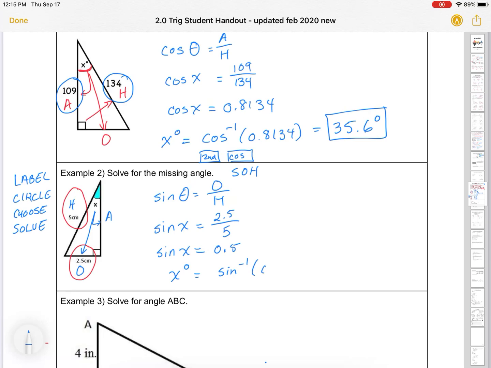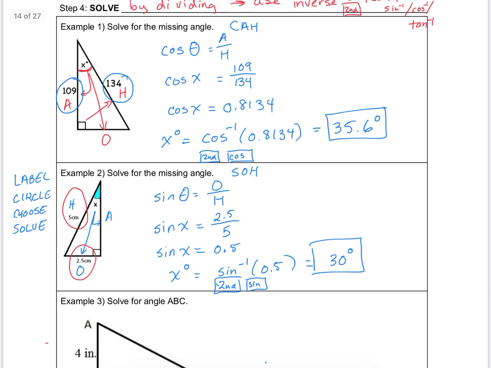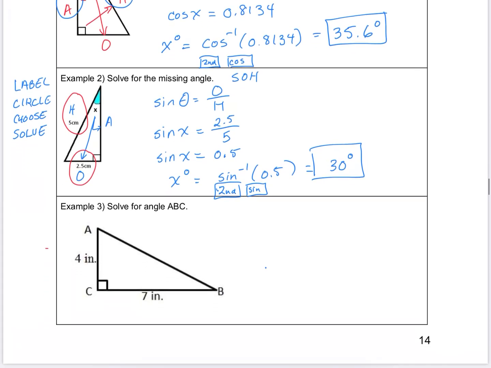Then for x degrees, we're going to do sine -1 of 0.5. Again, we put in second sine to get that button. So second sine 0.5, we get 30 degrees. That would be our solution.